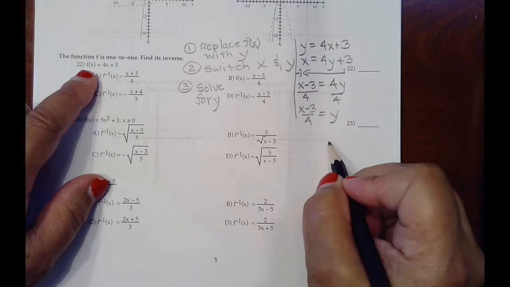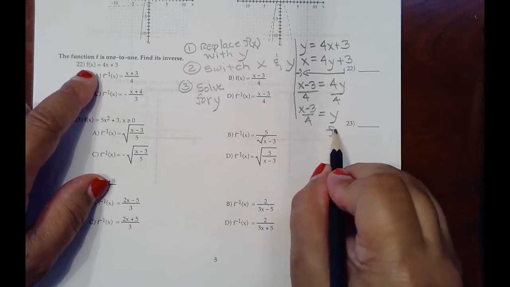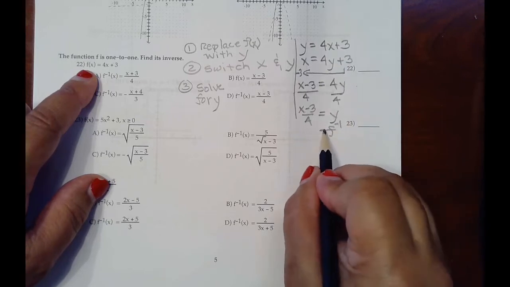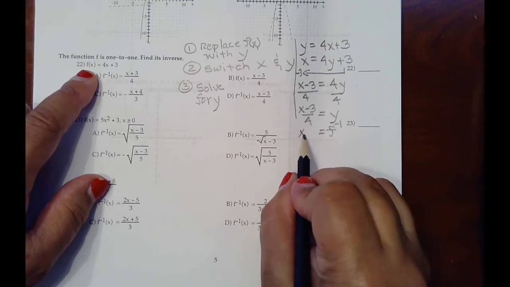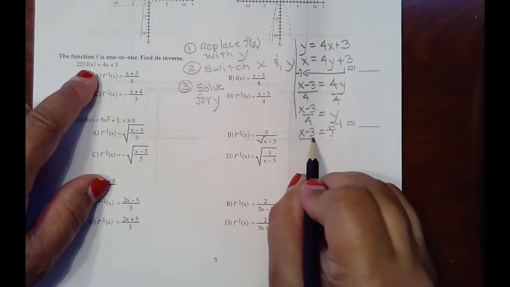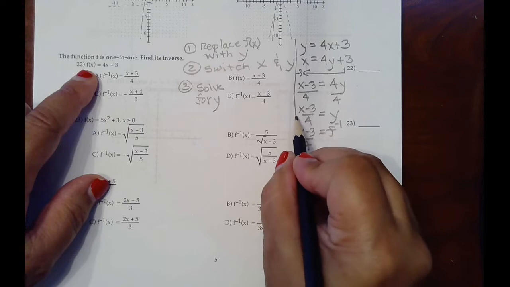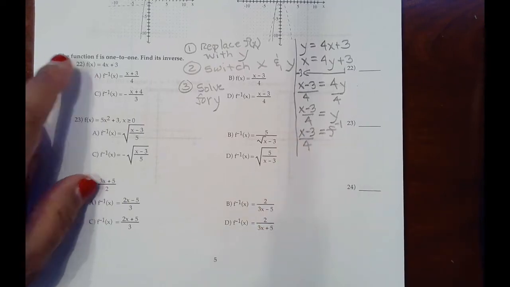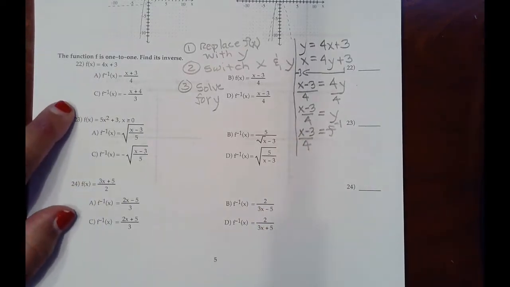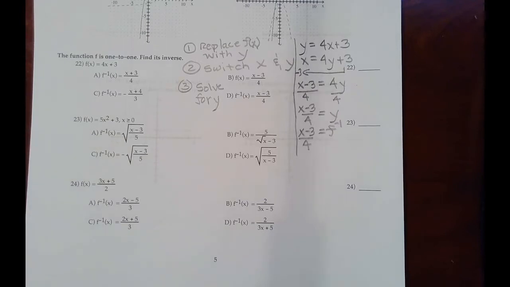Once you solve for that new y, you will put the inverse symbol in place of it and copy the inverse function that you created. And that is the answer for number 22. So let's see, for 22, x minus 3 over 4.